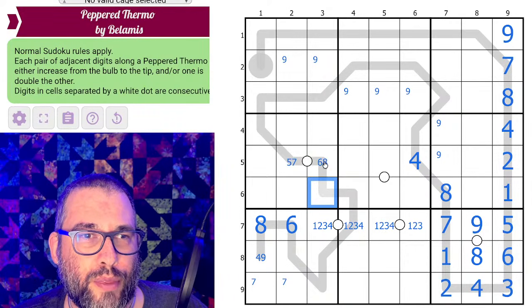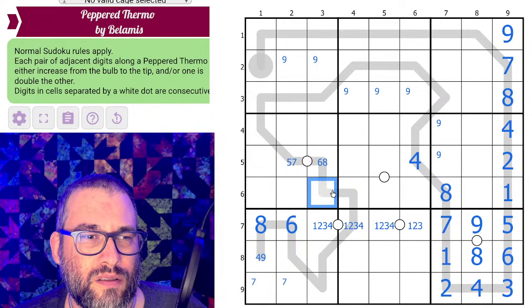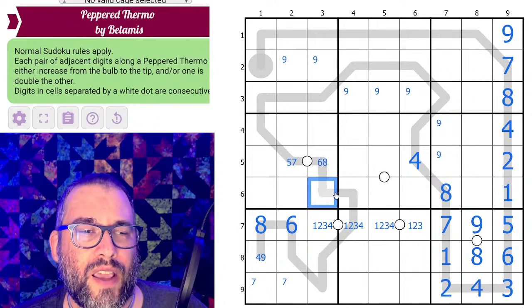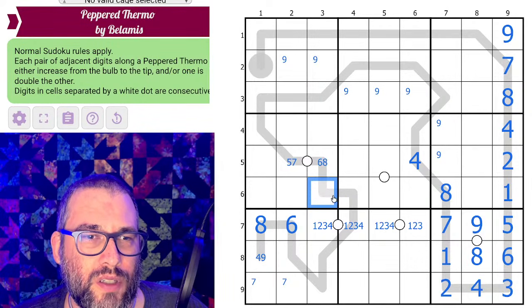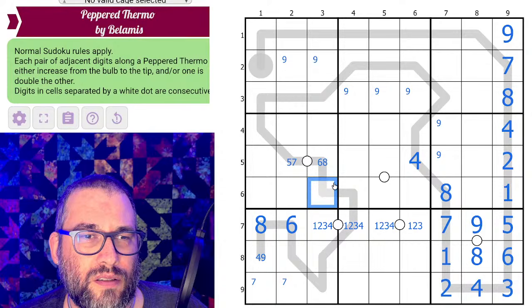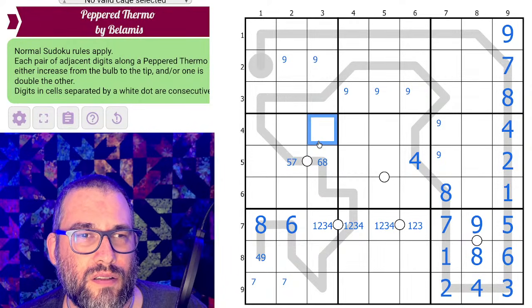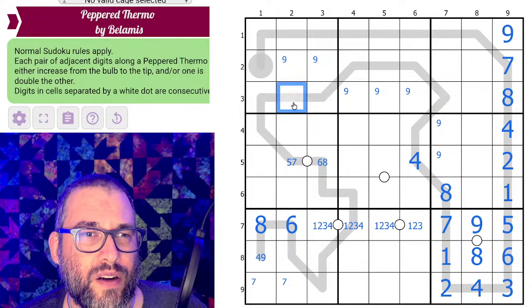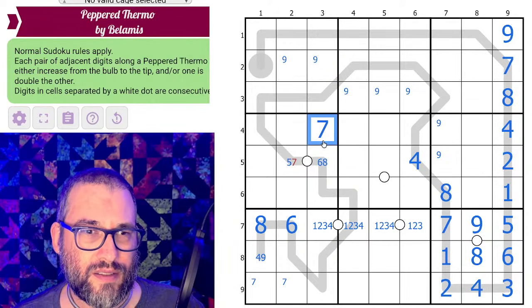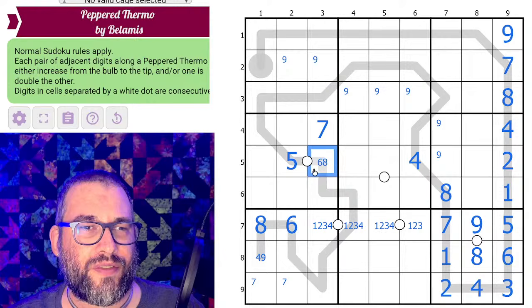Seven in column 3. I don't know. Could it not go here? No, it can't go here because 8 is gone in the row. And 7 can't go here because so 7 is here. So that's 5, 6.